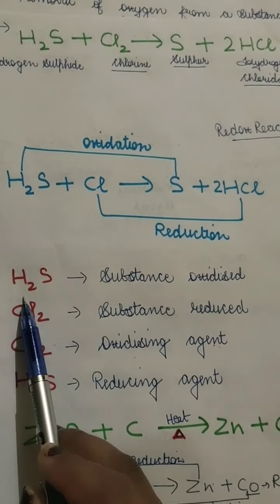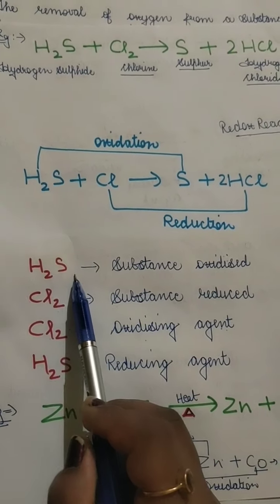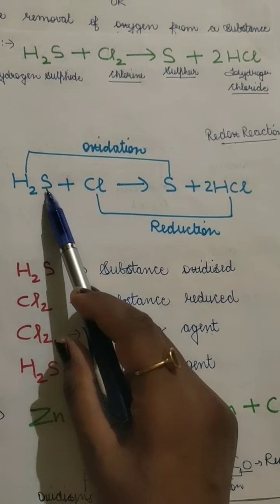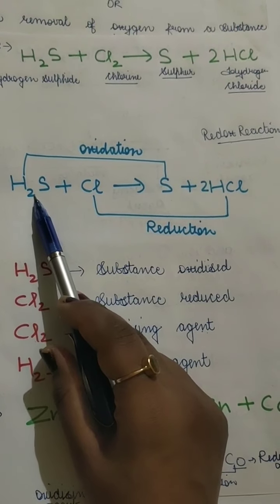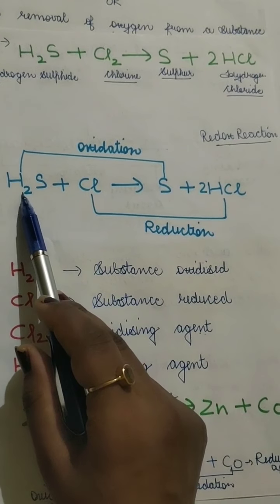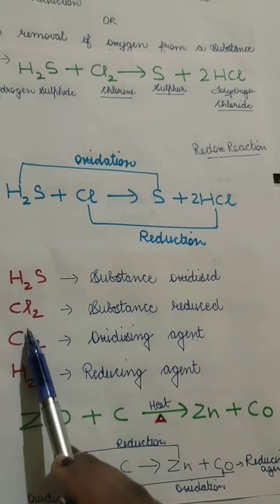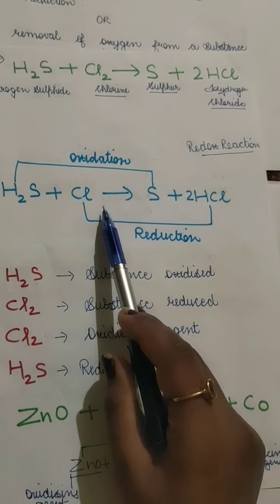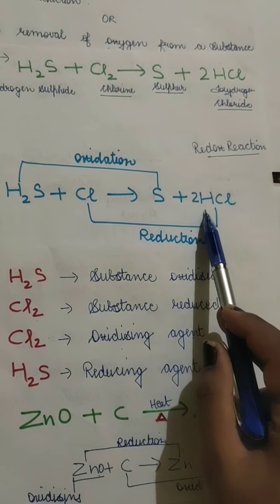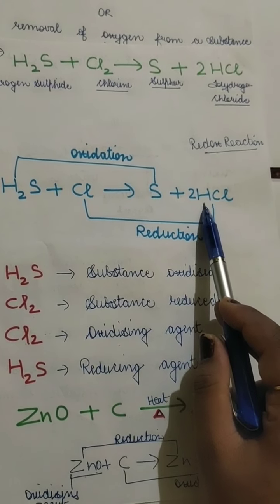If we look at it closely, H2S gas is the substance which is oxidized, because hydrogen is being removed, so it undergoes oxidation and is oxidized into sulfur. Now chlorine is getting reduced, because hydrogen is added to it.